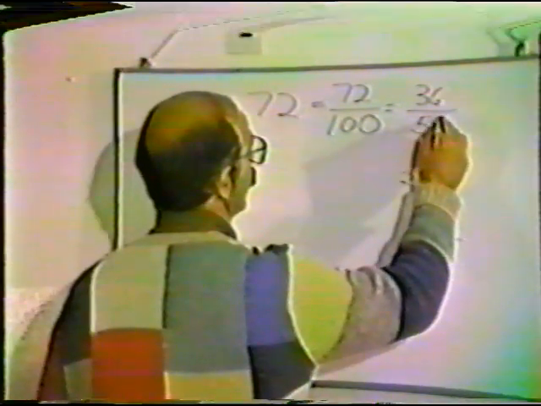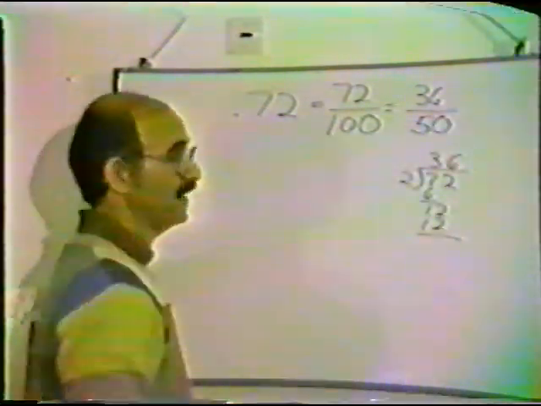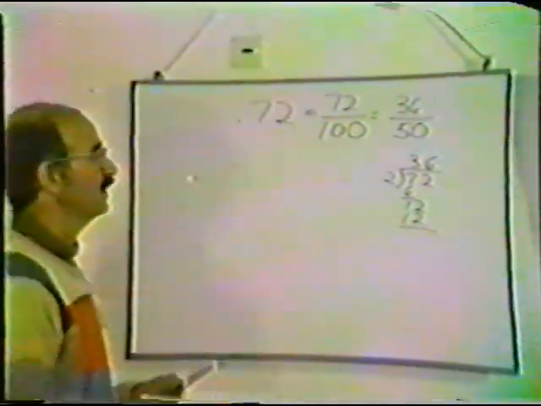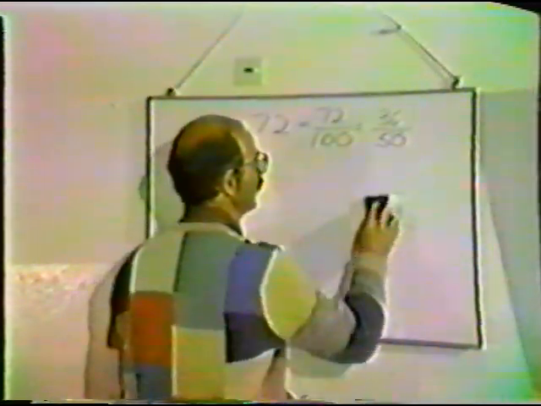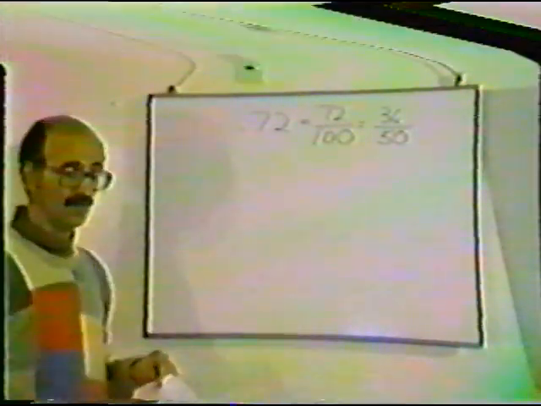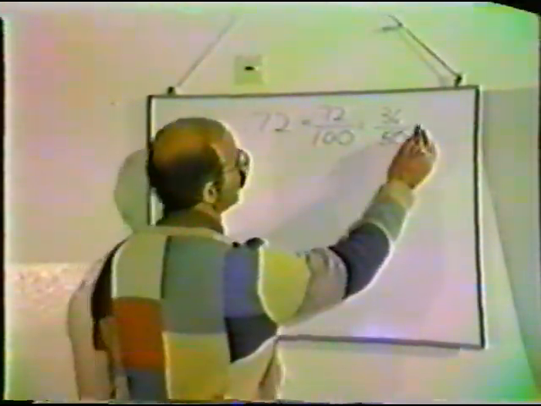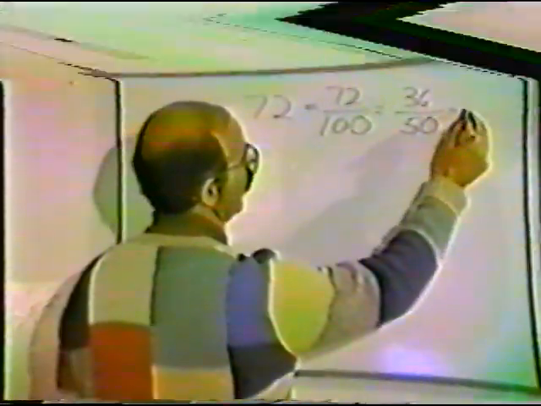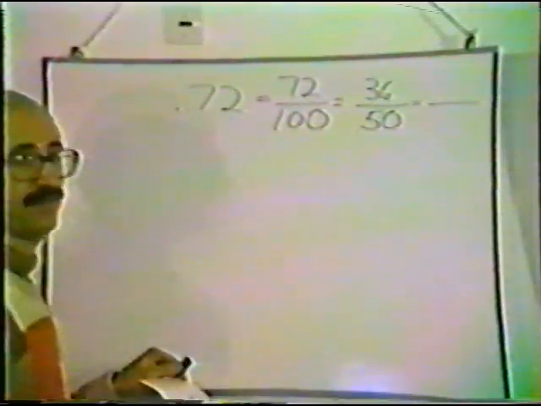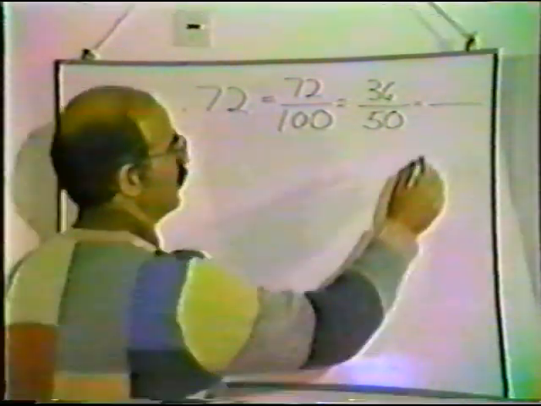36 fiftieths. Is it finished? No. What can we hit it with now? 2. We can hit it again with 2. 2 into 50. Well, what's half of 50? 25.